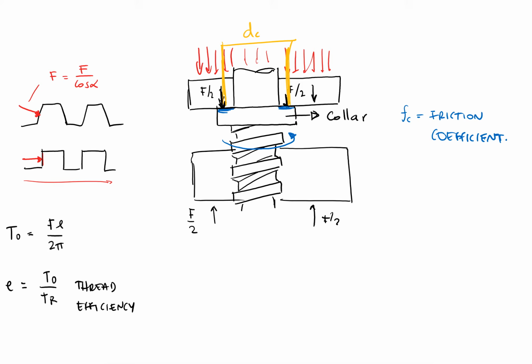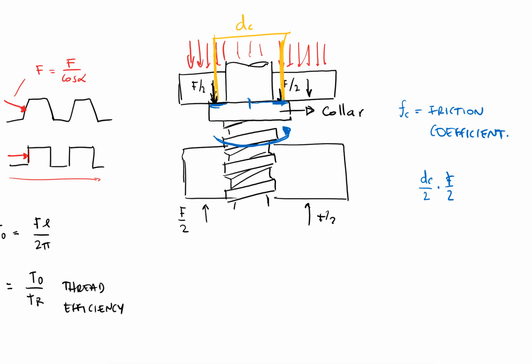Now, because the screw itself is turning, there is going to be friction right there, which is at a distance of dc over 2, the distance from the center to where the force is located. So dc over 2 times the force, which would be F over 2 for one of them, but I have 2 of those, so basically just F, times the friction coefficient.